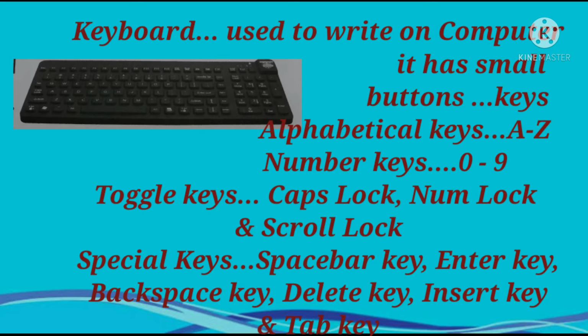Then we have the toggle keys. Toggle keys are the caps lock key, num lock key, and the scroll lock key. These keys help us to perform various functions which you will study in the later classes.